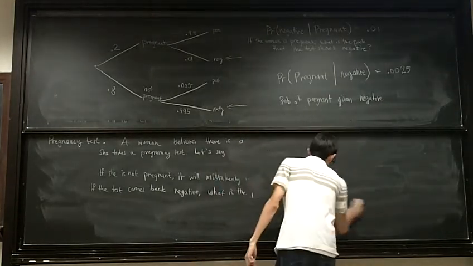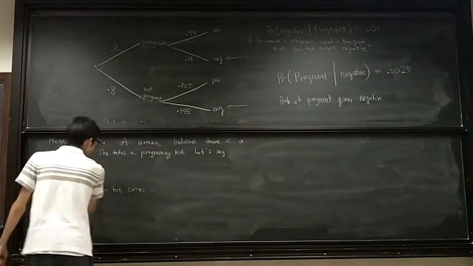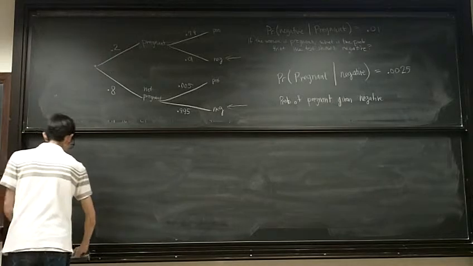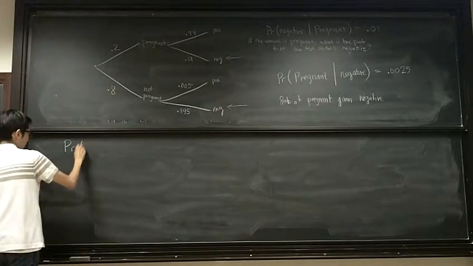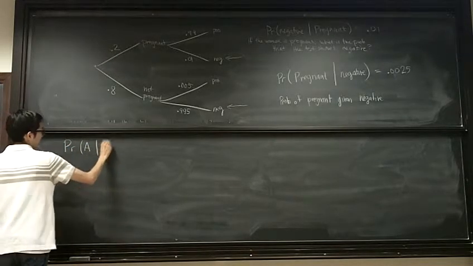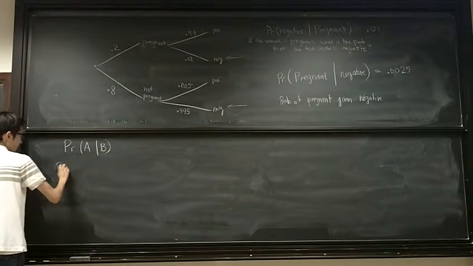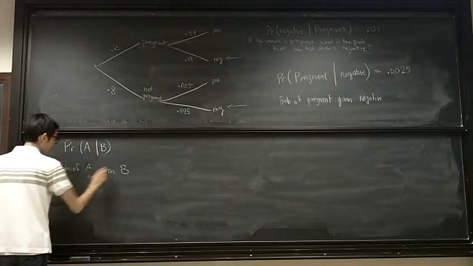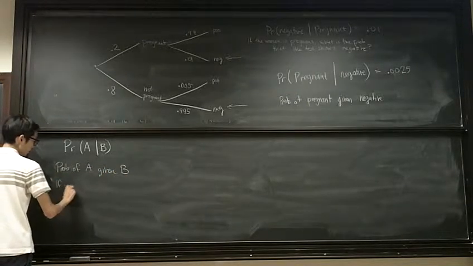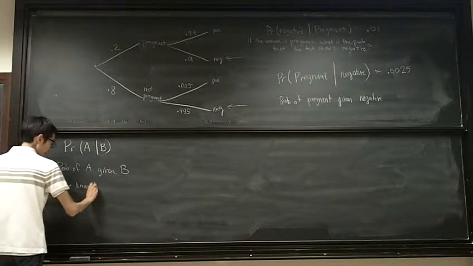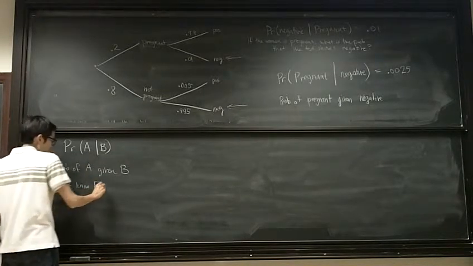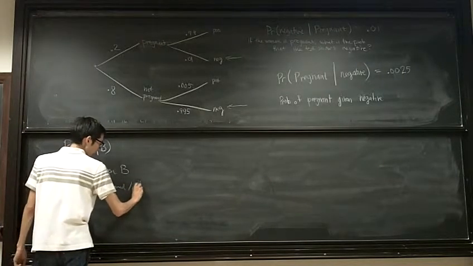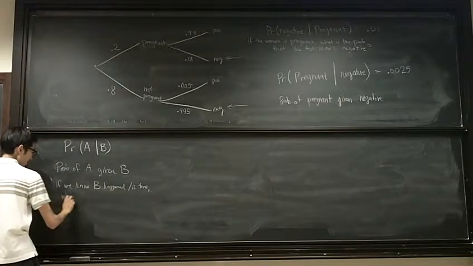Okay, so the general form, anytime you've got this given probability setup, this is probability of A given B, or basically, if we know B is true, or event B happened or is true, what is the probability of A?